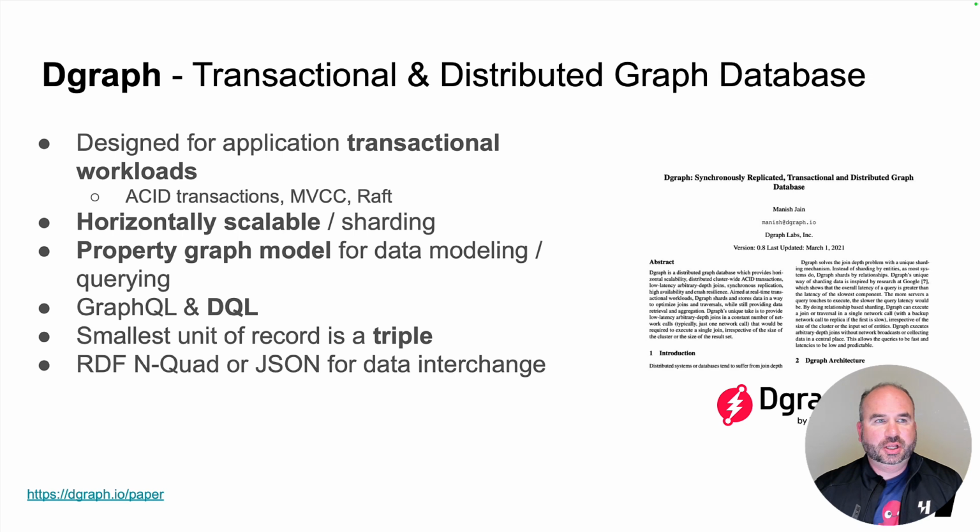The original Dgraph team came from ex-folks from Google that were inspired by Google's Spanner graph. Dgraph is a really interesting hybrid in this world of graph databases where we use the property graph model for data modeling and querying, but we use RDF for data interchange, and we work with triples as the smallest unit of record.